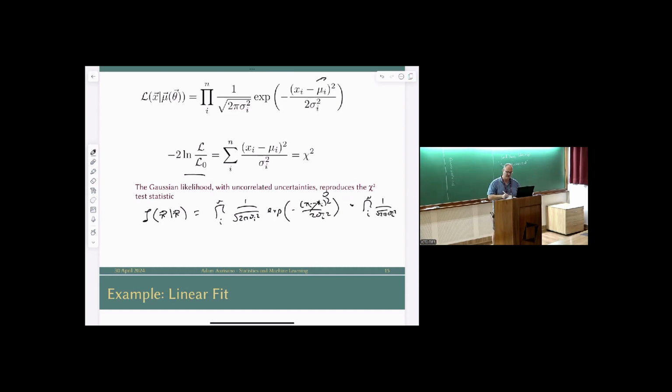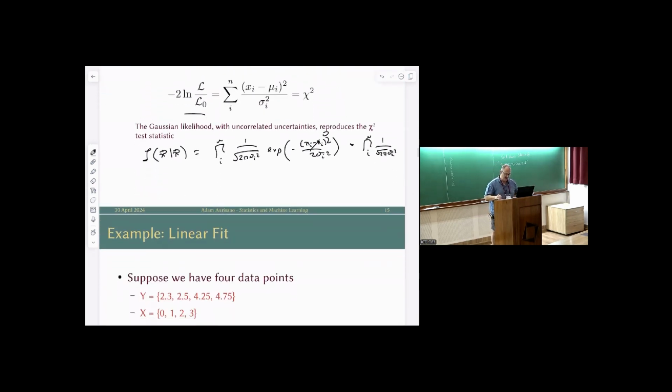So when you take the negative log of this quotient, essentially what this does is it removes the constant that you get from the normalization factor. That extra term just removes that constant for you.